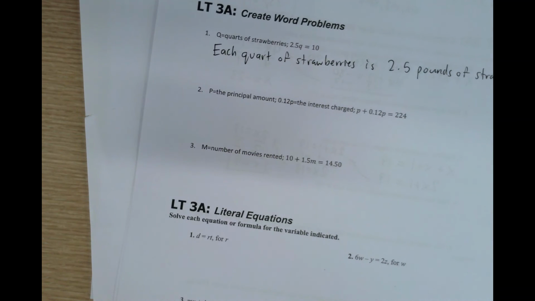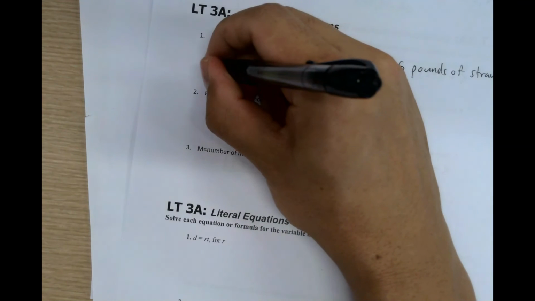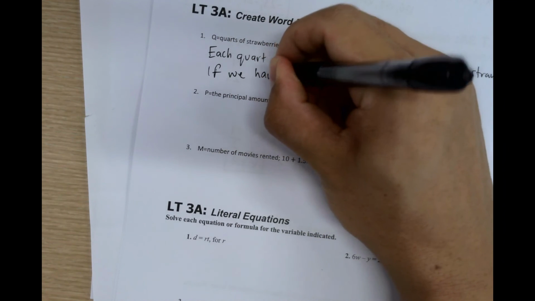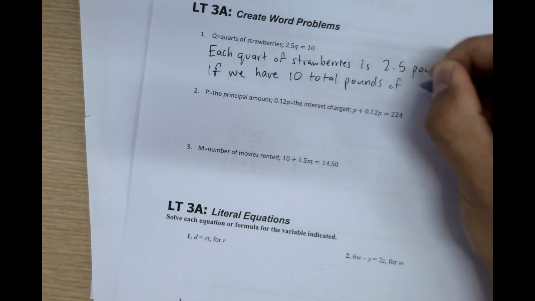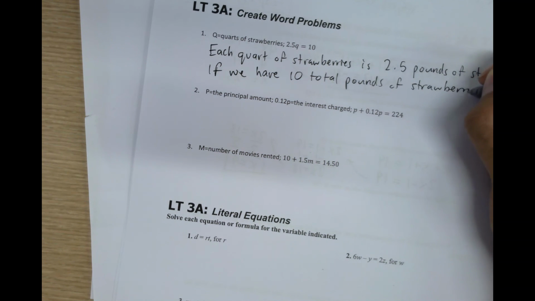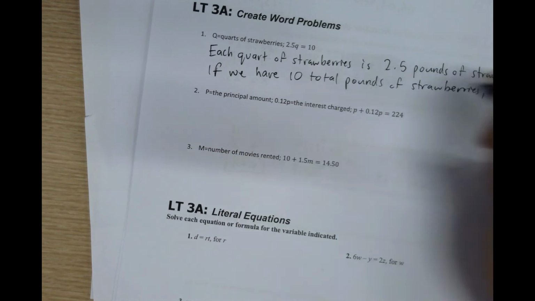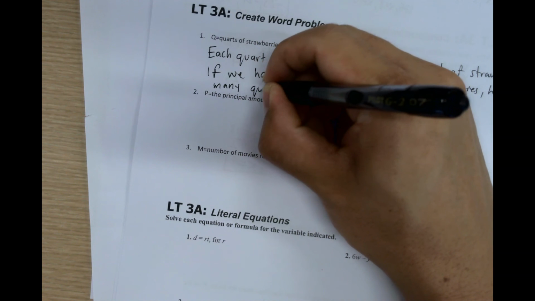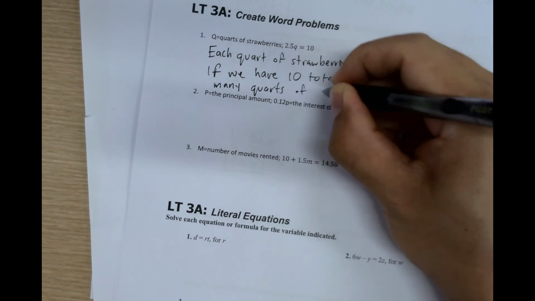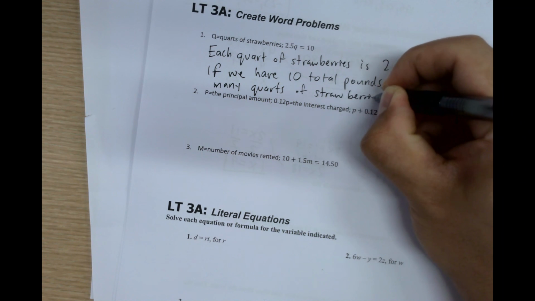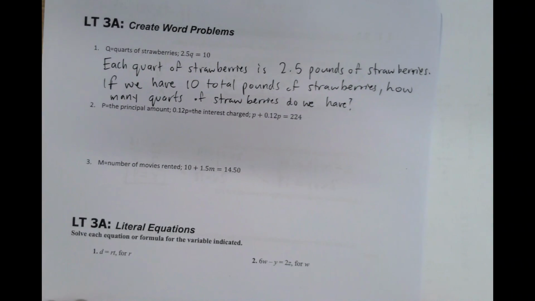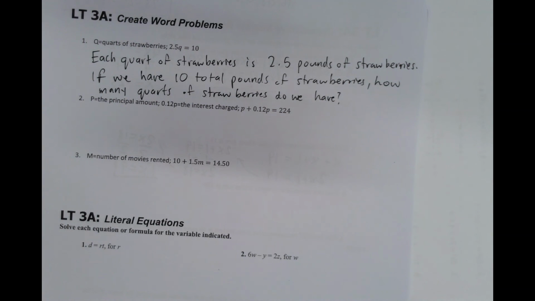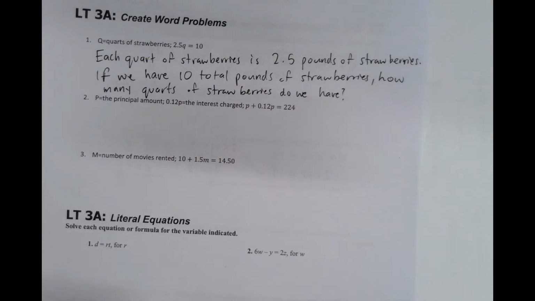So if we have 10 total pounds of strawberries, how many quarts of strawberries do we have? And that would be an example of the word problem spelled out.